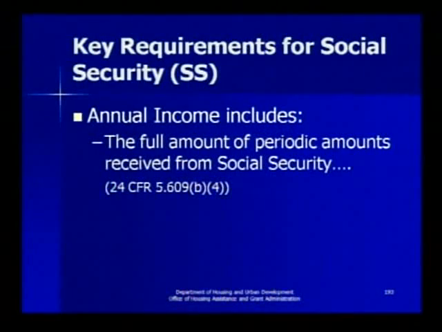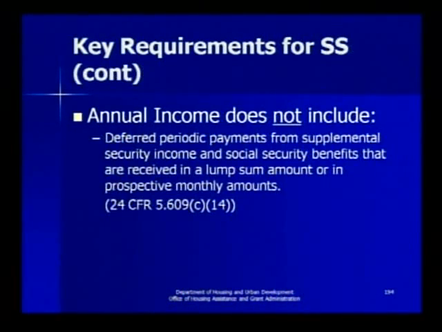And with that, we're going to go over some examples of using the Social Security data in EIV for determining tenant's income. Annual income includes the full amount of periodic payments received from Social Security. So that's your regulation that says that you use the gross amount.